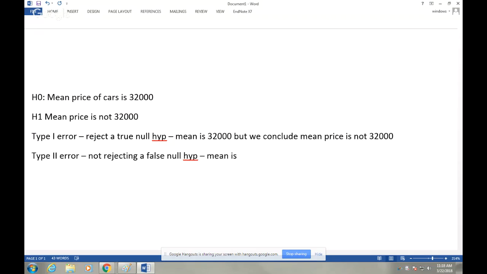Is it 32,000 or is it not? That's the null hypothesis. But if the null hypothesis is false, right, it means it's not. That's the reality. The mean is not 32,000, but we conclude the mean is 32,000.